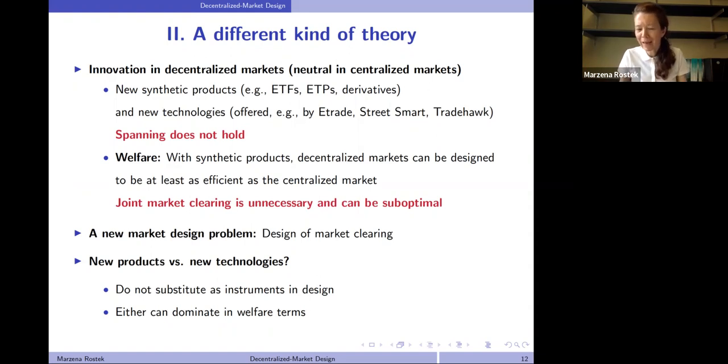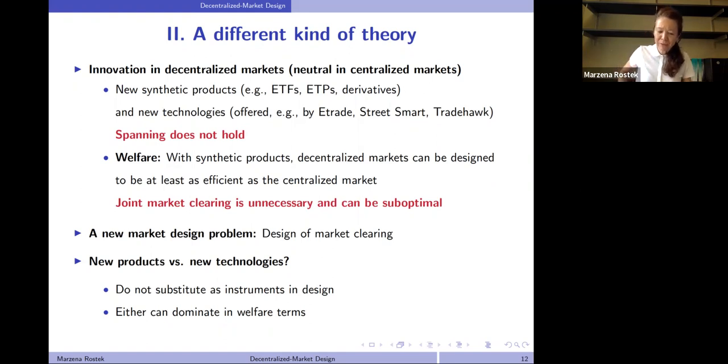Well, if the market were competitive, if traders were price takers, the contingent design, joint clearing of all assets, would indeed be the most efficient market structure. But in markets with large traders, changes to market clearing also transform traders' price impact within and across exchanges. And it turns out that these changes to liquidity can countervail any information loss. So that's the intuition in a nutshell.